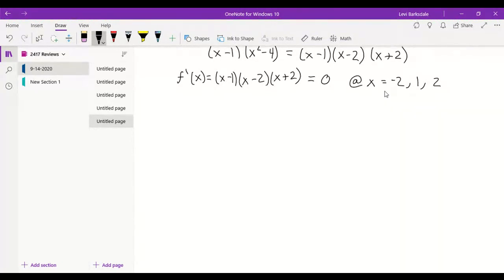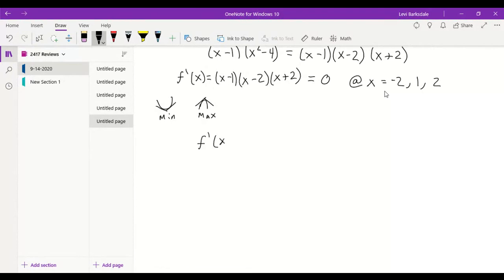Like I showed, we need to look for where the derivative switches from negative to positive, or that tangent line switches from being a negative tangent to a positive tangent. That is going to be a min. If you have positive to negative, that's going to be a max, and if we have neither, then it would be neither a minimum nor a maximum.